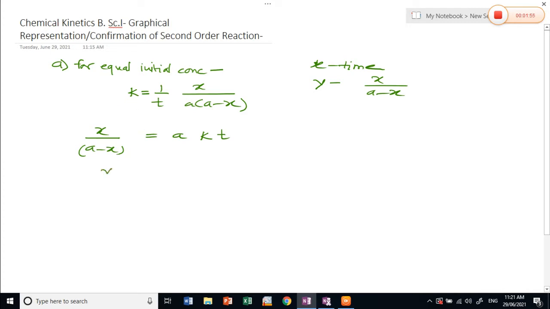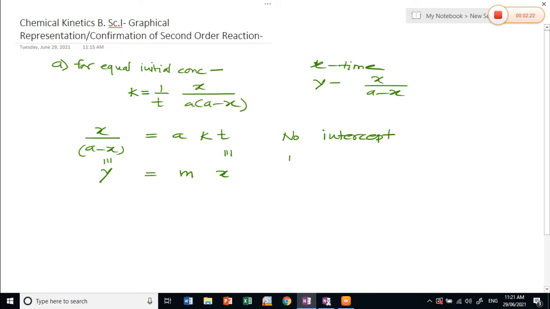So this on y-axis is equal to, this is m, x. Okay, so here there is no intercept. Okay, simple. y is equal to mx is the equation. So on y-axis we have plotted this x divided by (a minus x), and on x-axis we have plotted the t.